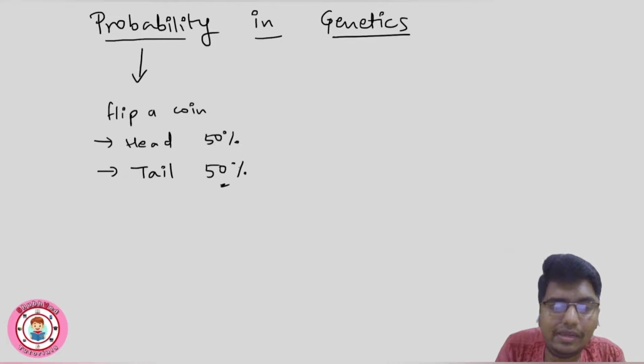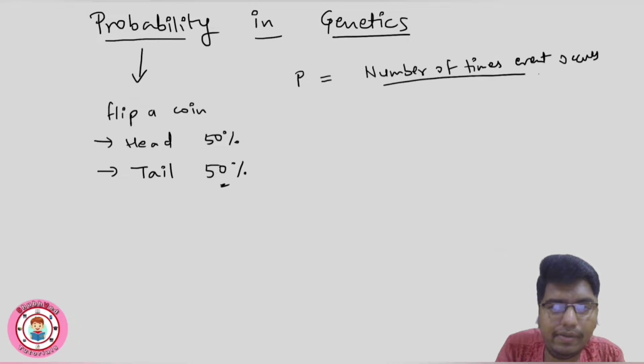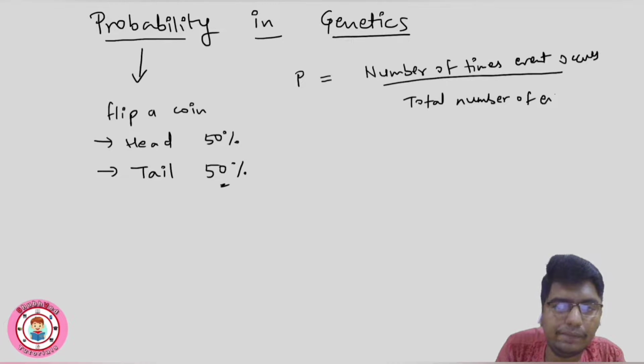But there is an exact formula to find the probability. Probability is equal to the number of times the event occurs divided by the total number of events. Now we will find the probability of heads using the formula.